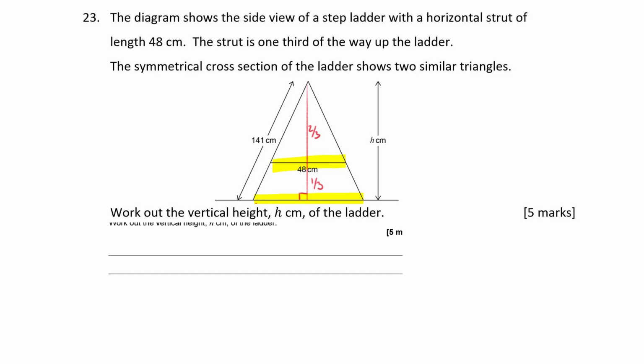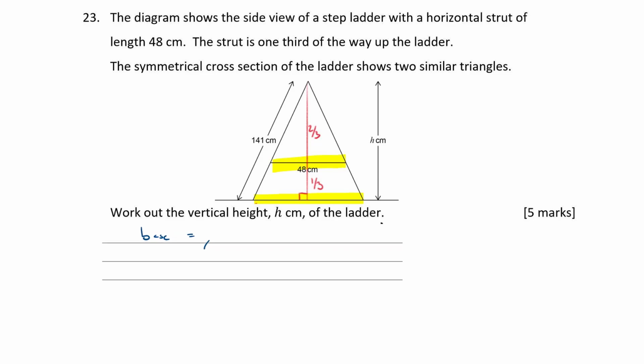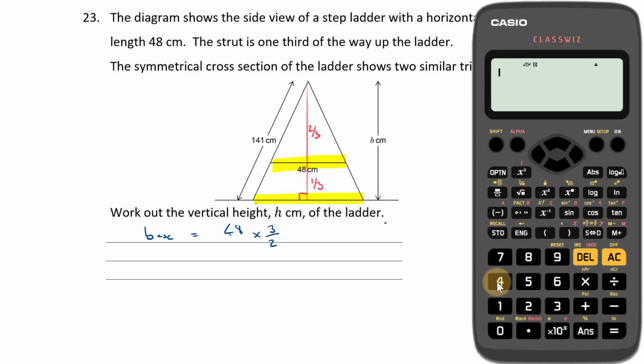I'm going to say that the base of my larger triangle is going to be 48 centimeters, which is the baseline of the smaller of the 2 triangles, and then I'm going to divide that by 2 and times it by 3. So it's 3 over 2 lots of that, isn't it? Divide by 2 times by 3. So 48 divided by 2 is 24, times by 3 is 72. So that's going to be 72 centimeters.